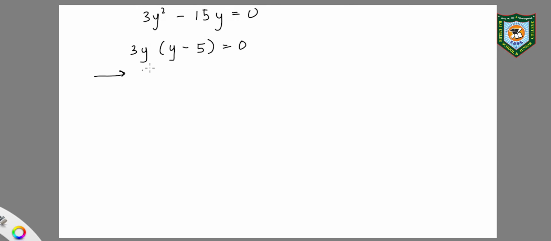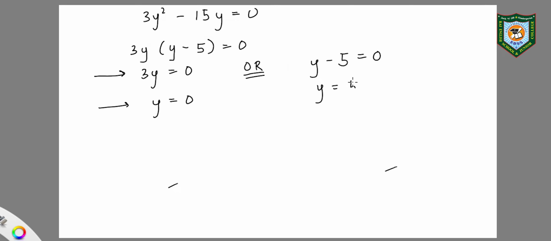This implies either 3y is equals to 0 or y minus 5 is equals to 0. That means y is equals to 0 or y is equals to 5. So my solution is y is equals to 0, 5 are the roots of the given equation.